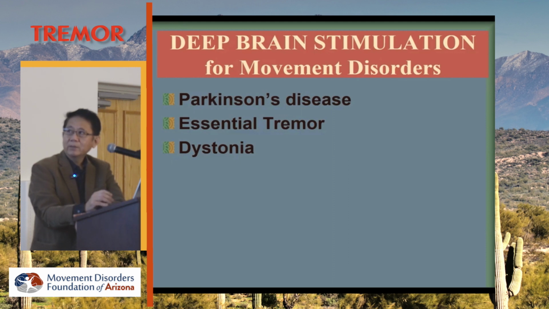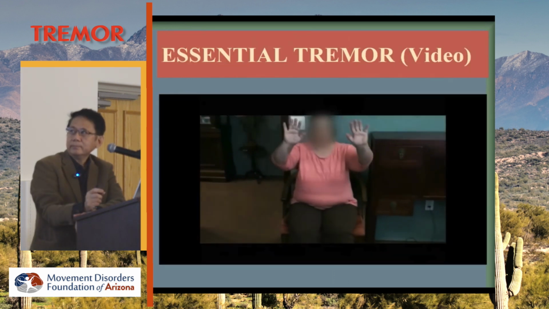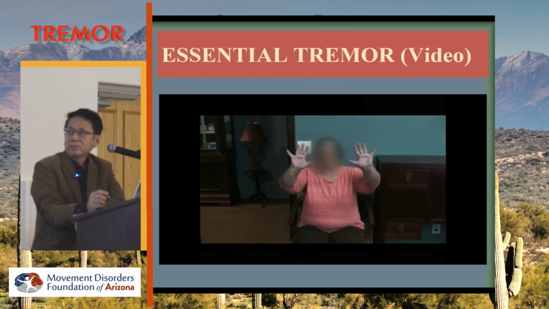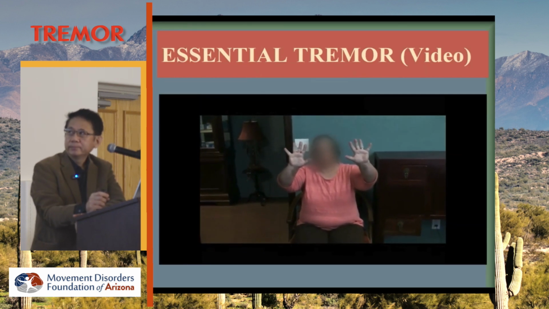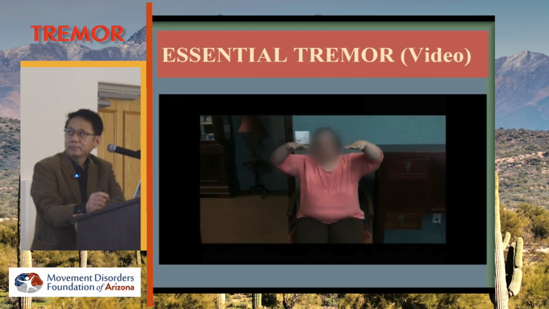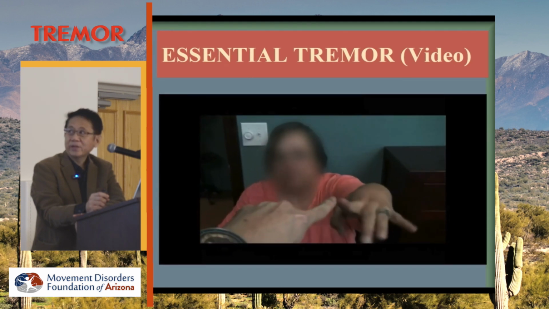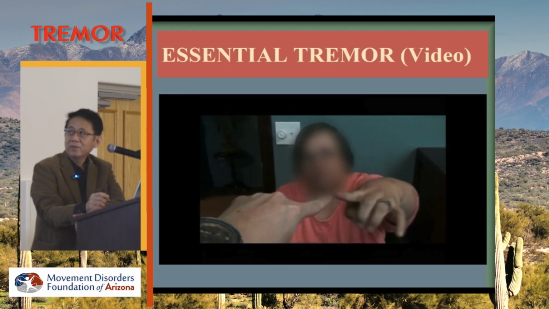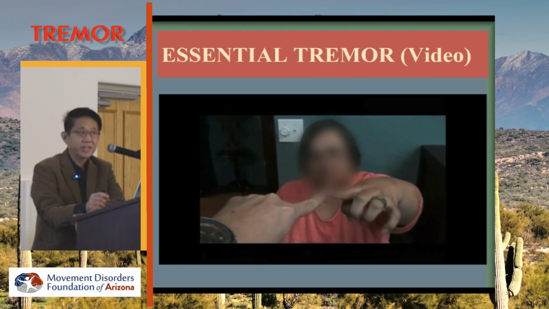And then Dr. Ponce will take a deeper dive into deep brain stimulation in a few minutes, but I'm going to just show you some of the patients we've done together. So you see that left hand tremor. She also has a head tremor. It's not very obvious here, but even if her face is blurred out, you still see her head shaking, right?